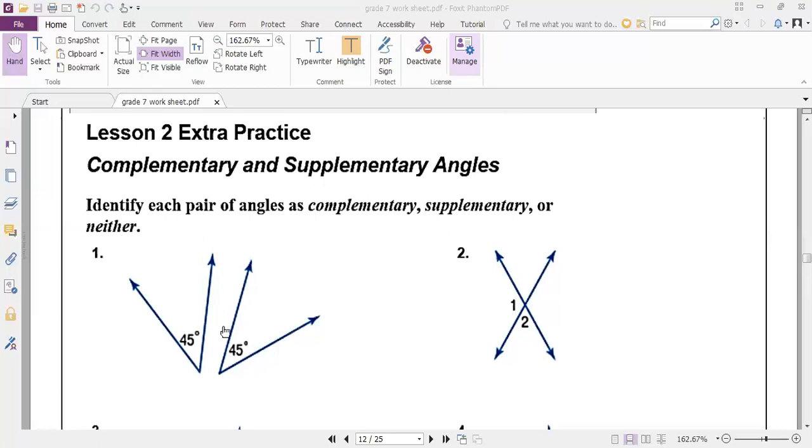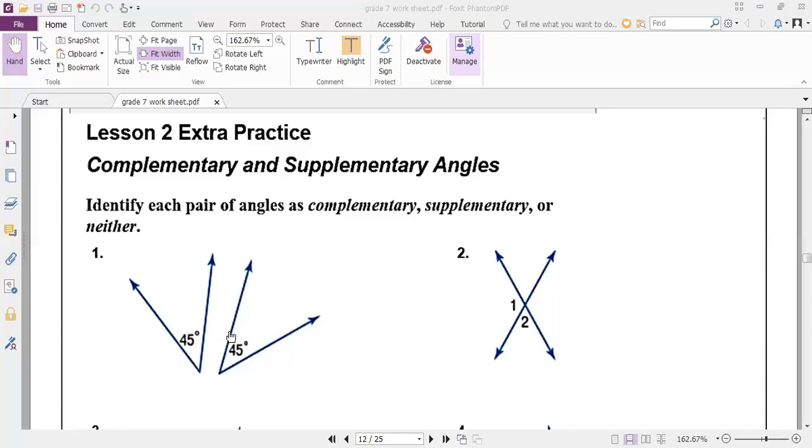Because for these two angles, the sum of their measures is equal to 90. If I add 45 plus 45, it gives me 90. If you have an angle of 90 in this shape, then this angle is a complementary angle.